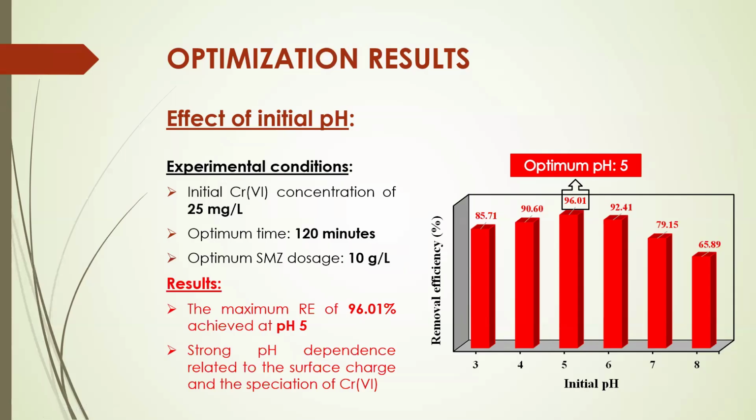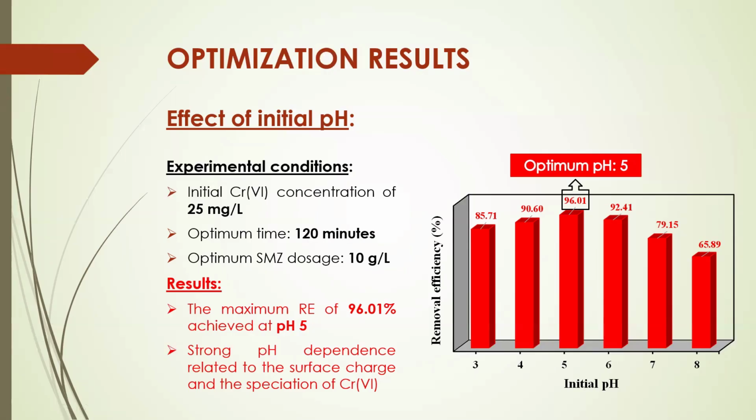What you see is a strong pH dependence directly related to both the surface charge of the SMZ and how chromium speciation changes with pH. Below pH 5, efficiency declined slowly, as you see, but above pH 5, it declined much more dramatically. This makes excellent sense.